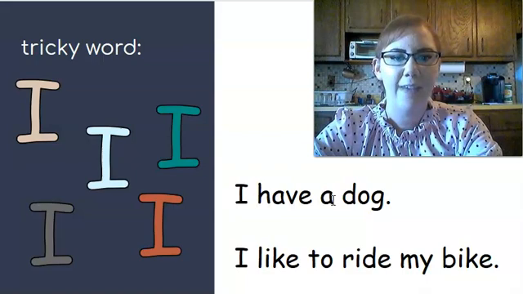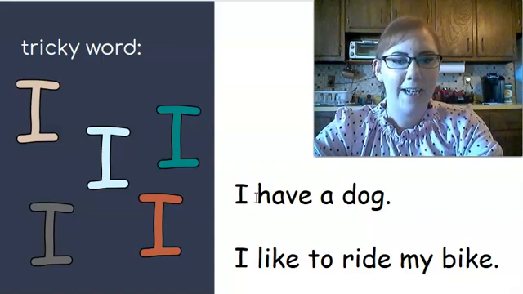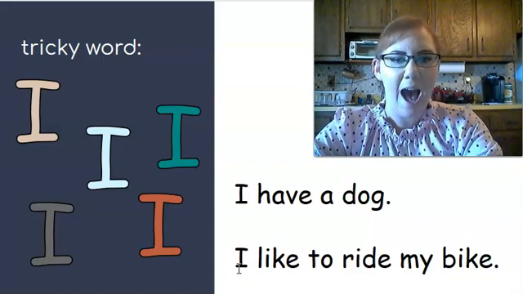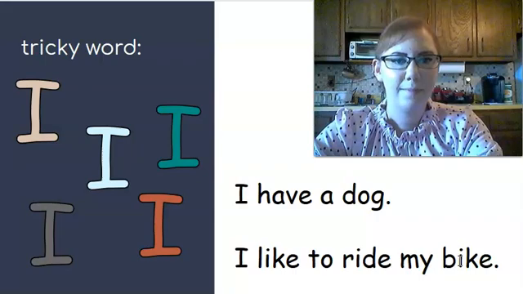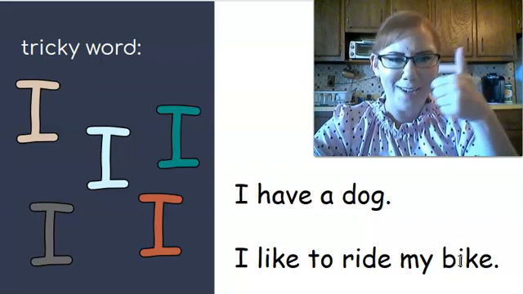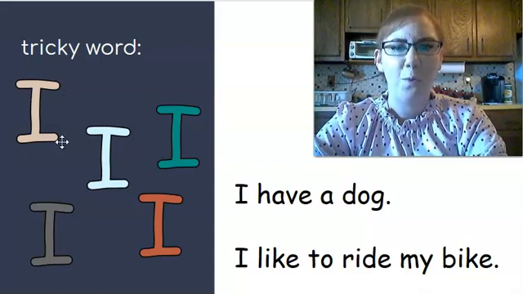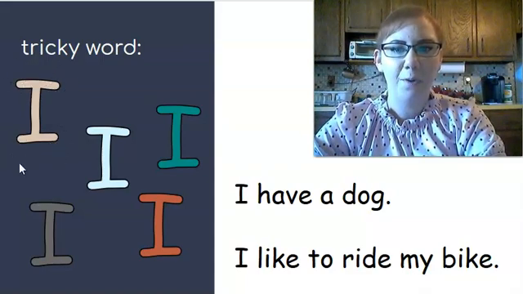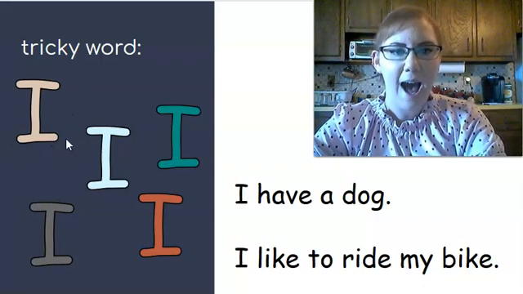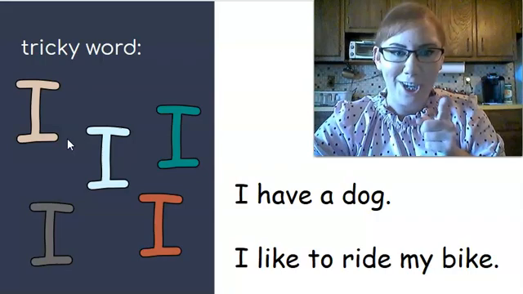I have a dog. Let's say it in another sentence. I like to ride my bike. Great job! You just have to remember that when we're thinking of the word I, we're going to write it just like this, a capital I. Don't let it trick you.